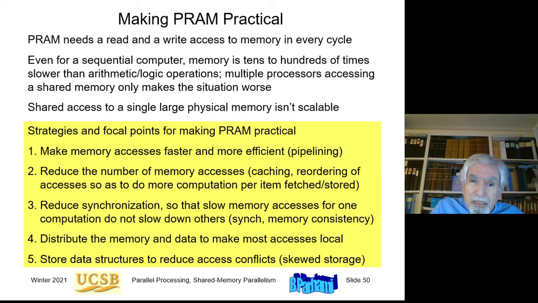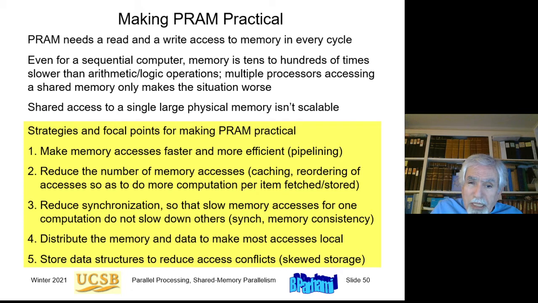Reordering accesses so that slower accesses do not impede the performance of processors that happen to get faster accesses. Reduce synchronization so that slow memory accesses for one computation do not slow down others. So this will be discussion of synchronization and memory consistency in Chapter 6C.